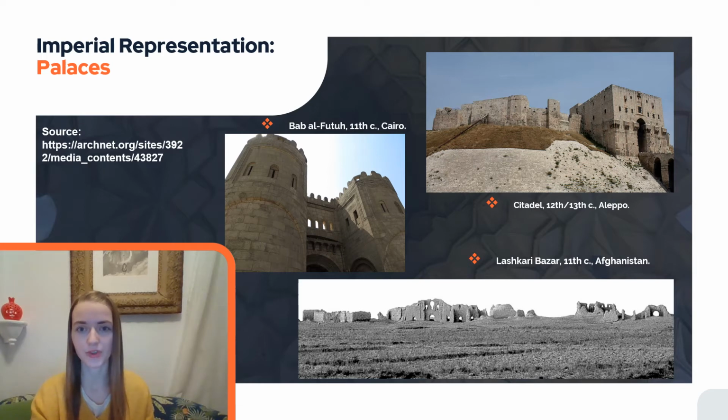It was built on a riverbank with large gardens and an axial plan. The citadel of Aleppo at the top right was largely reconstructed in the 12th century and also later restored. In the 13th century, it turned into a palace city with residential and military functions.